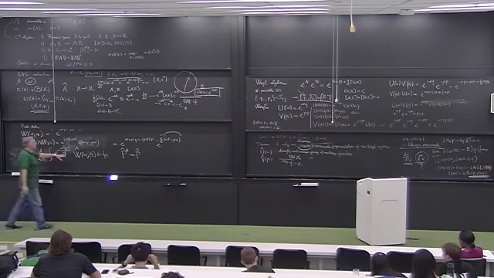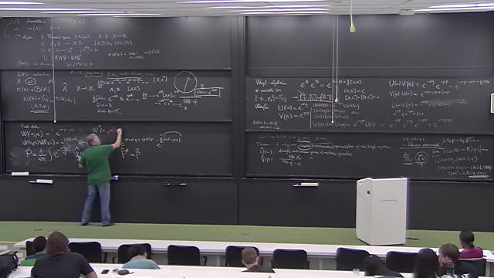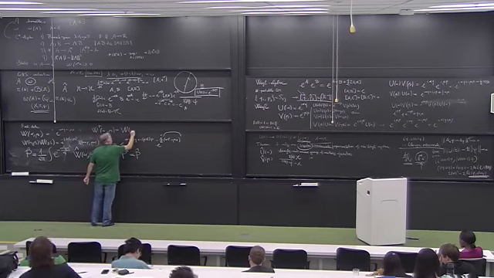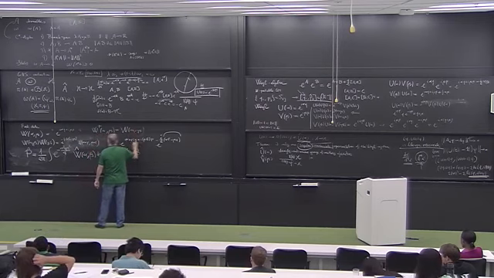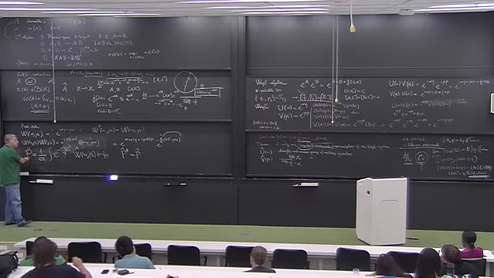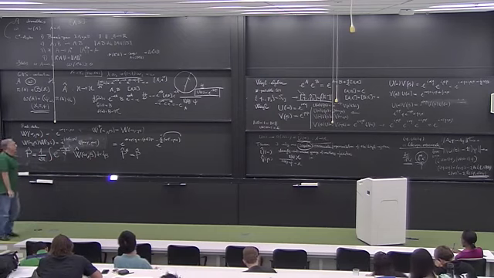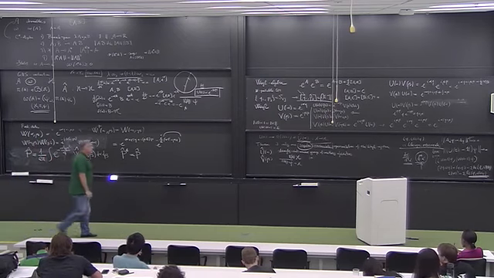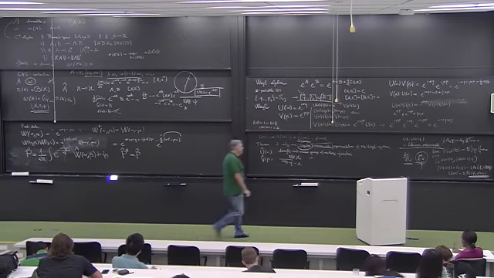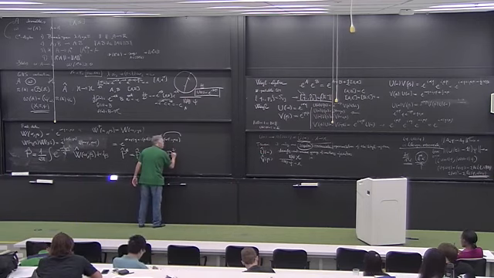This is because W of alpha, beta equals, because of its definition, W of minus alpha, minus beta, and then you change the variables in this integral, and this is equal to itself. Okay? The second property, which is the most important, is that this is a projection operator. P squared equals P.